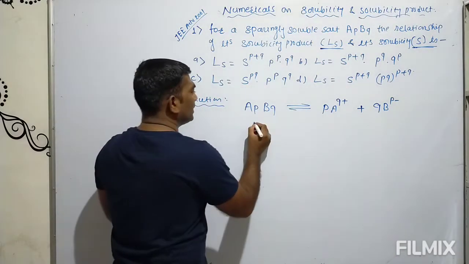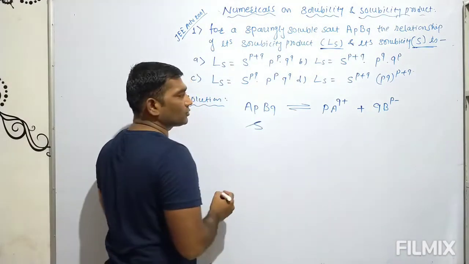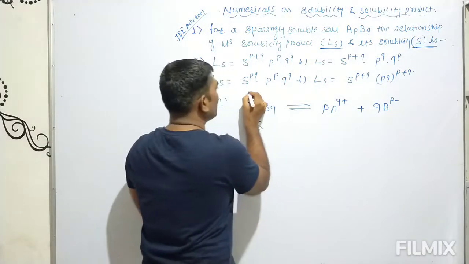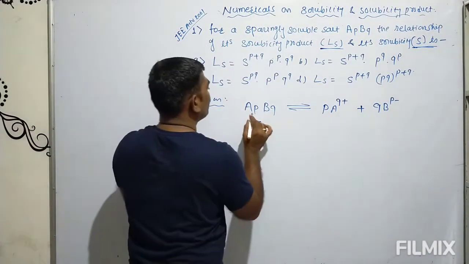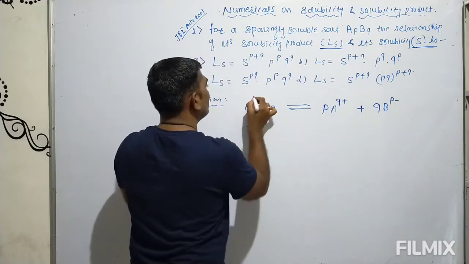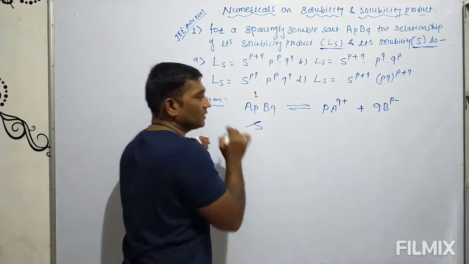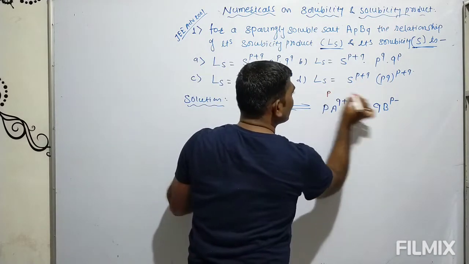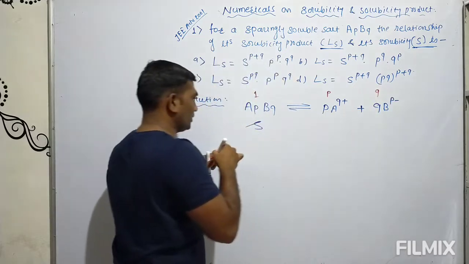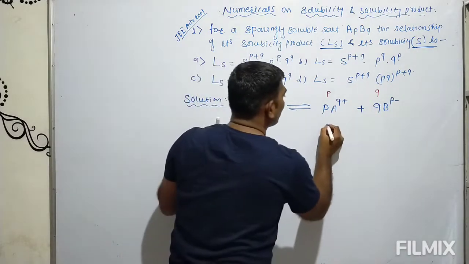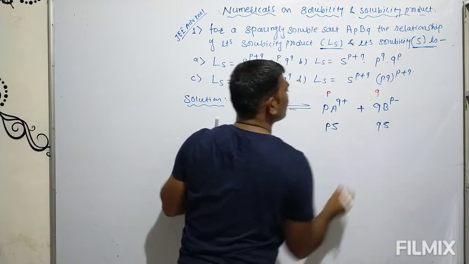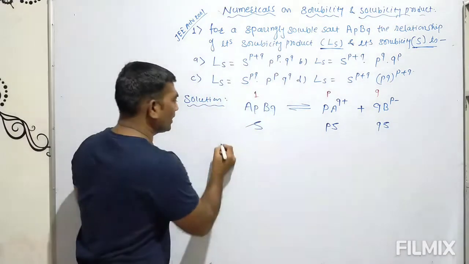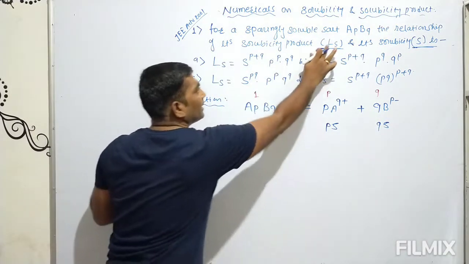Now suppose S is the solubility. Here the coefficient is 1, here it is P, and here it is Q. So the solubility will be PS here and QS here. Now KSP for this, but here LS is given.